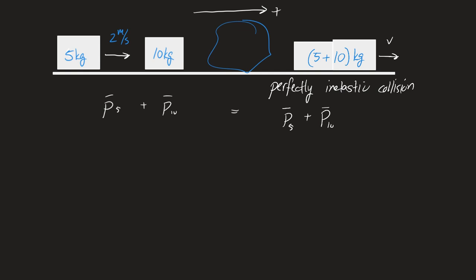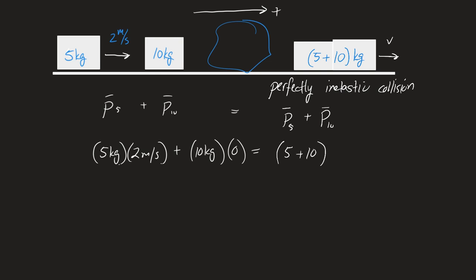I have two objects before the collision. 5 kilograms times 2 meters per second plus 10 kilograms times 0. After the collision, I really have one object of mass 15 kilograms, but I don't know how fast it's traveling after the collision.